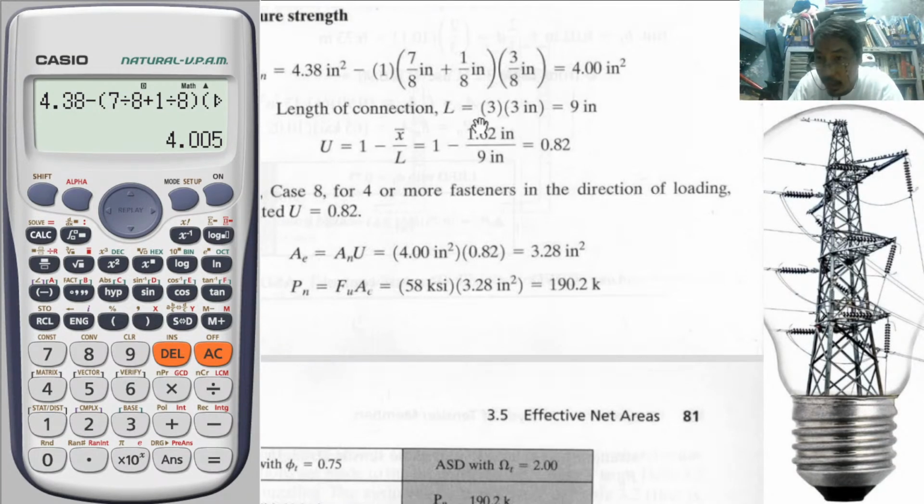Or by using table, right? And then X bar divided by 9, then subtract the result from 1, so you will get 0.82, okay? After getting the 0.82, you can take a look at different cases from the table. Okay, so let us use our table.